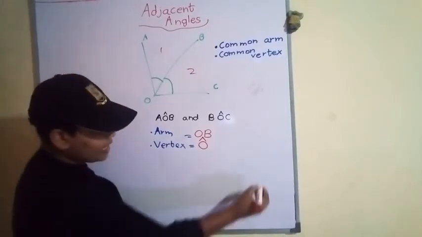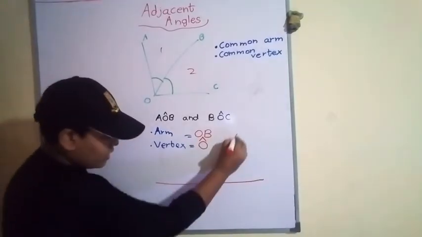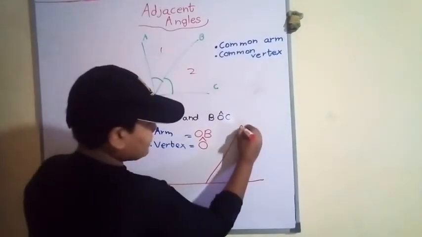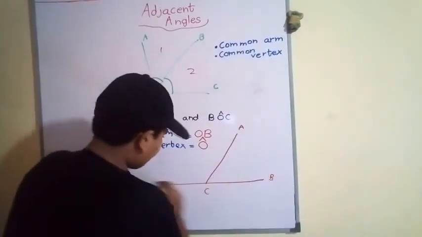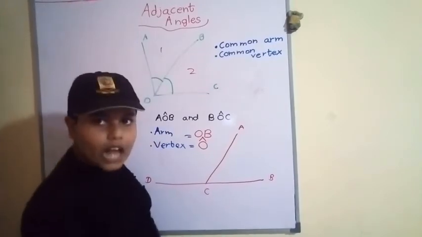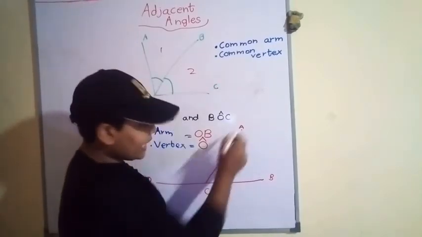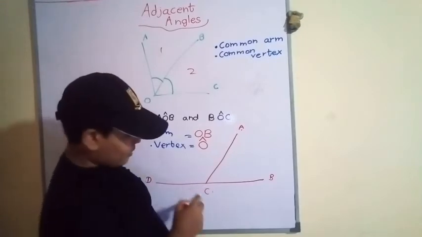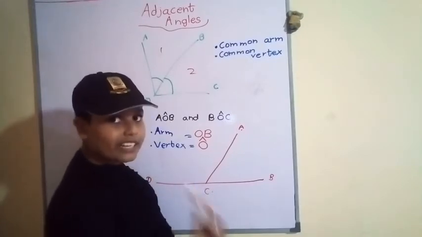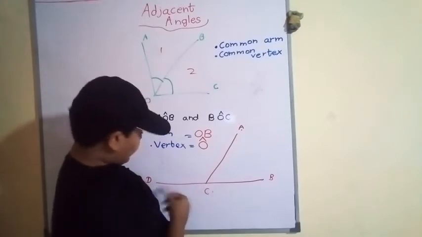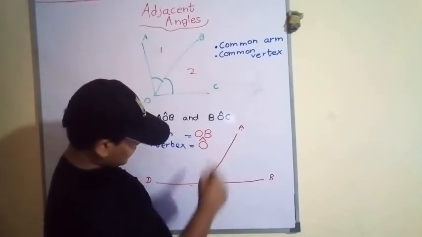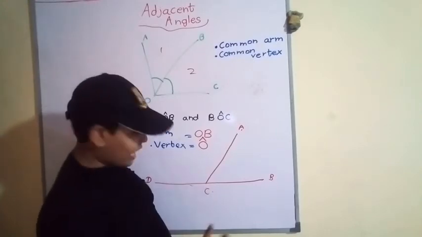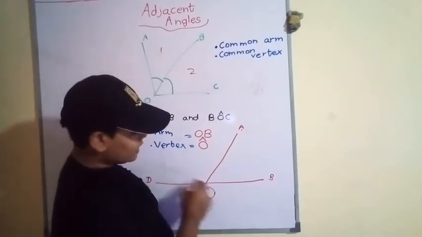Now you have another angle like this. I name these A, B, C and D. What is the common arm? First we want to get the vertex. The vertex in DCB, ACD, ACB is C for all of them. So C is the common vertex.